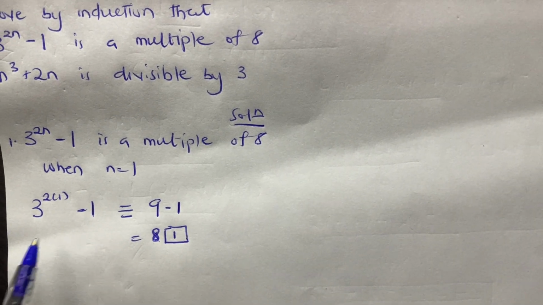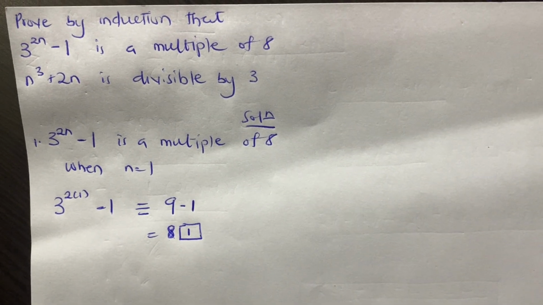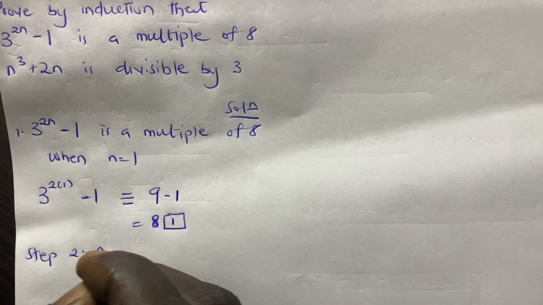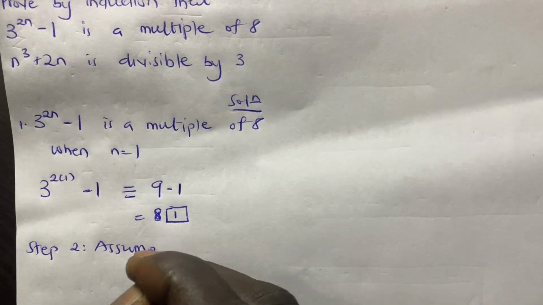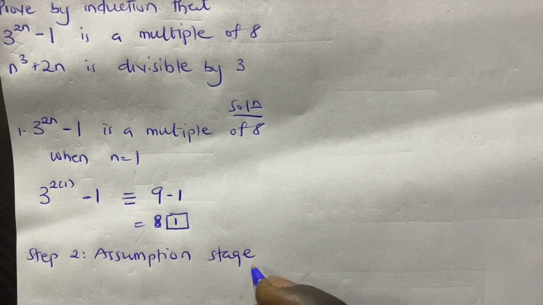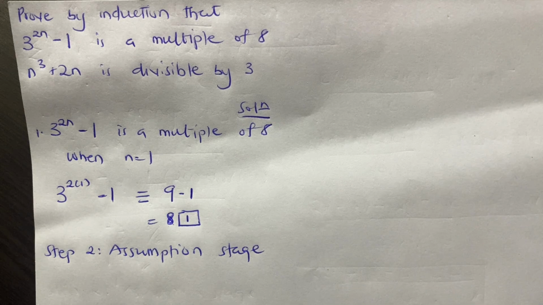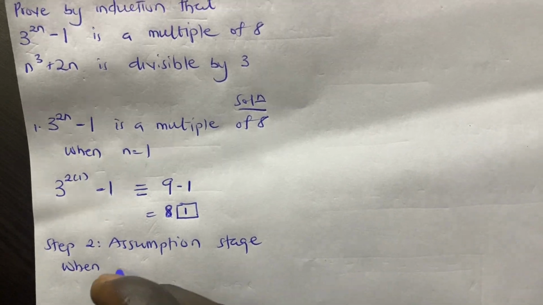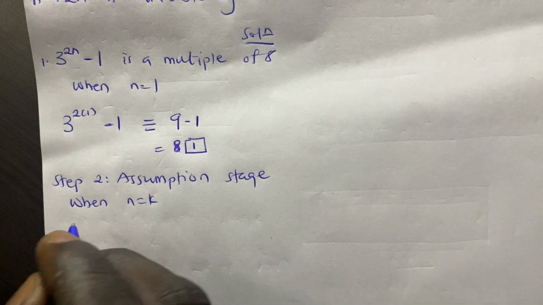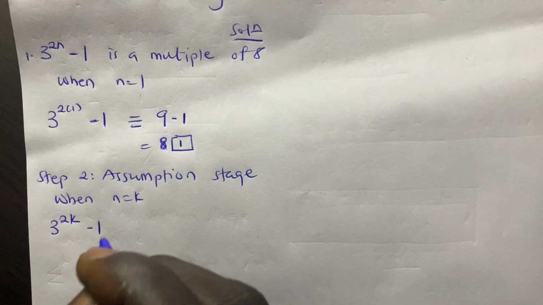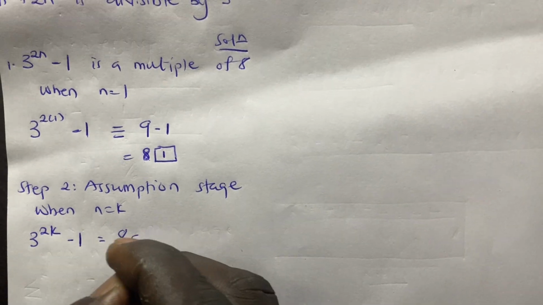So if this is true for the testing stage, now let's go to step 2 and then assume. The assumption stage, right? When we assume, that means that wherever we see n, we will let n be equal to k. So when n is equal to k, we get 3 raised to the power 2k minus 1 is equal to 8d.